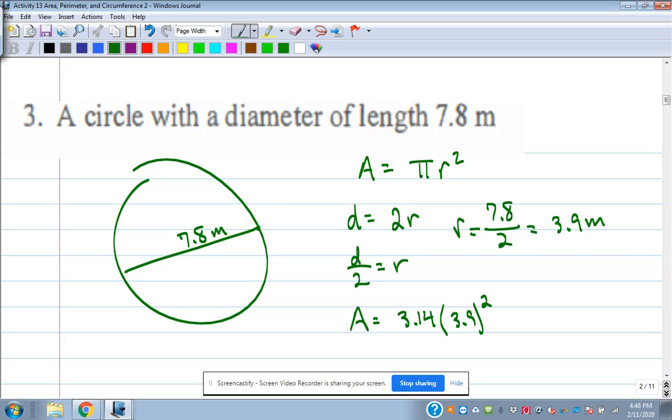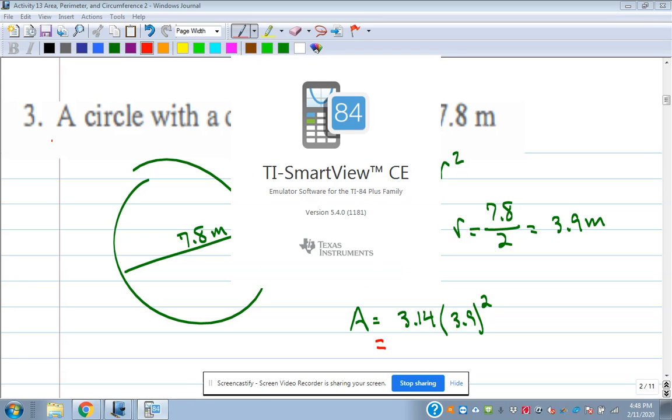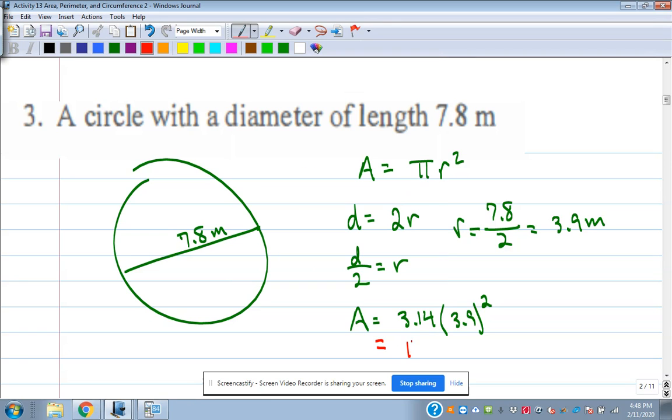And that's going to give us our answer. I guess I could open my calculator here. 3.14 times 3.9 times 3.9. 47.76.